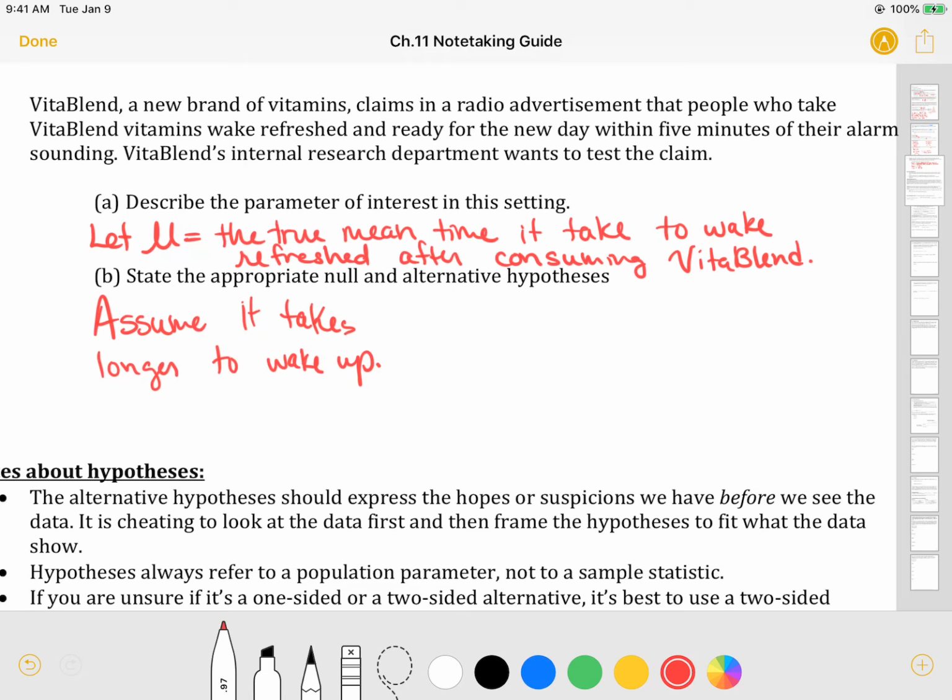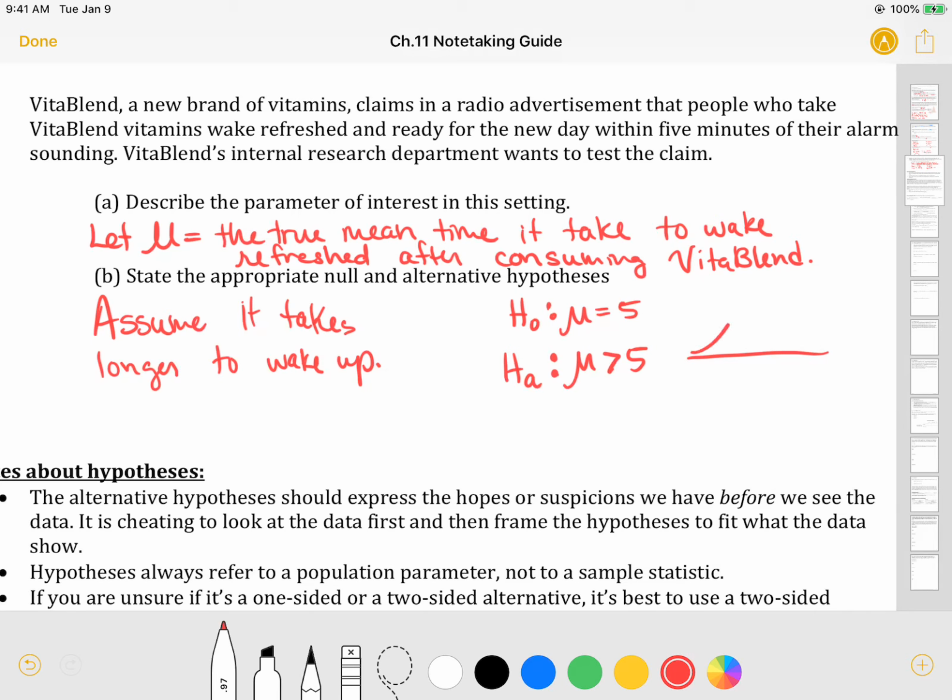Okay, so our null is going to be mu is equal to 5. That's the original claim. That's what we know to be true. Our alternative is that it takes them longer than 5 minutes to wake refreshed. So mu is greater than 5, okay?